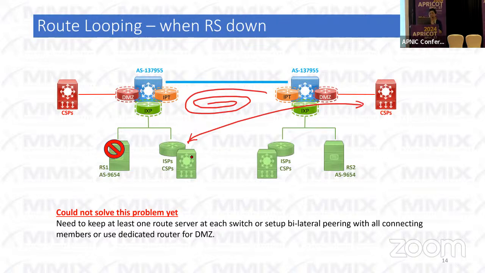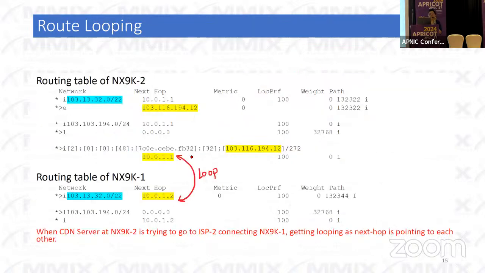So let's find out more about the details. In the routing table of switch 2, 103.13.32.0 is the intended destination of the ISP prefixes connecting to switch 1, the left-side switch. Its next hop is pointing to its PRIB address, 102.116.194.12. That address is pointing back to the switch 1 IP address, 10.0.1.1.